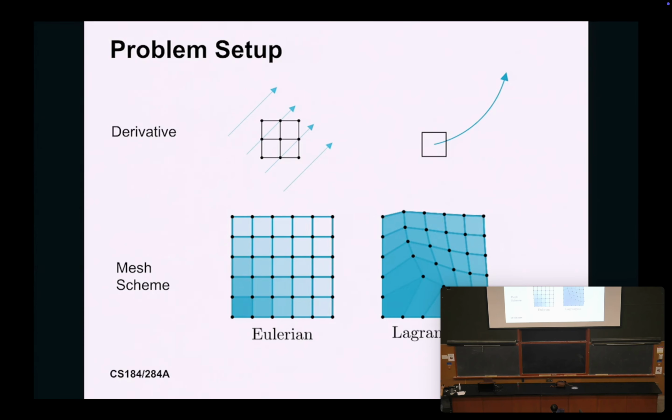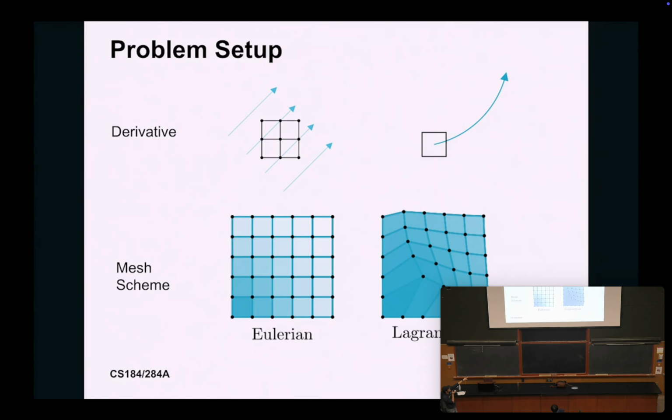And then you have your Lagrangian. I like to think of this as like bubble wrap, where each of the bubbles are self-contained. If you have high density in one bubble, it starts to push against the walls, and it just pushes out. So in this example, I have high density in the lower left corner.